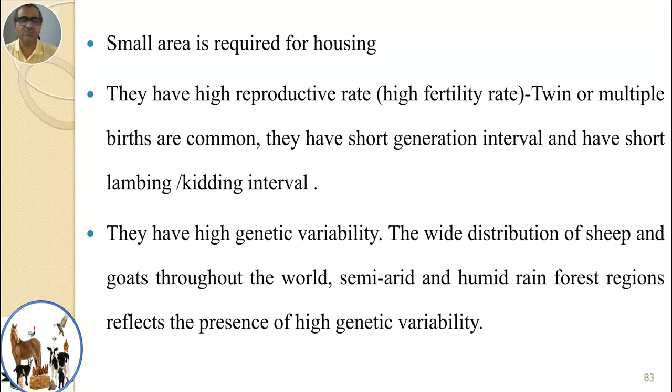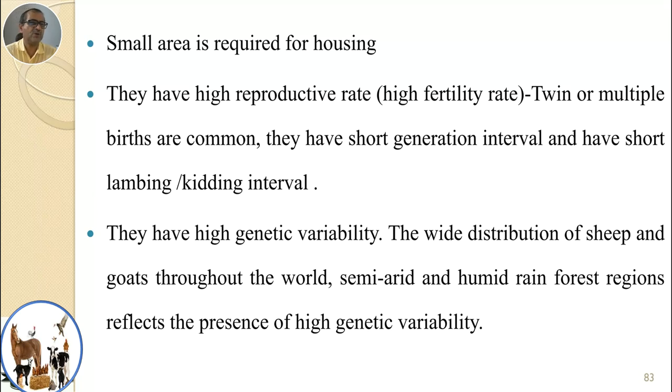Twin or multiple births are very common, and they have a short generation interval and a short lambing or kidding interval, giving birth to smaller ones. They have very high genetic potential and a wide distribution of sheep and goats throughout the world.